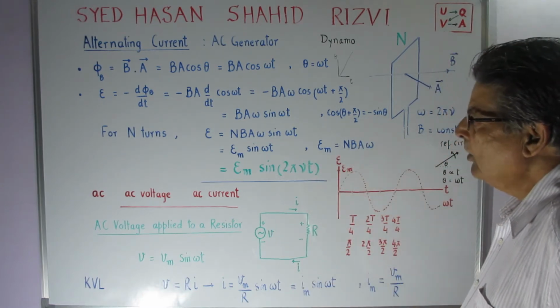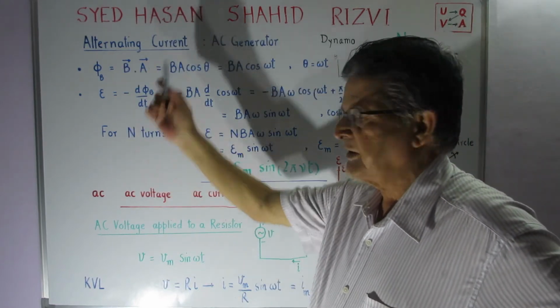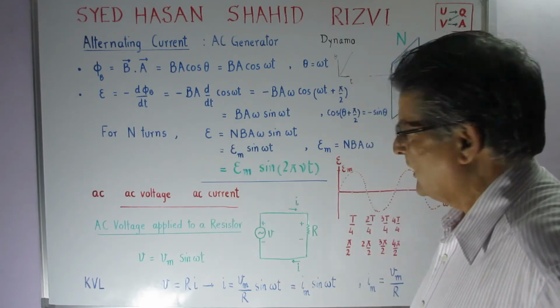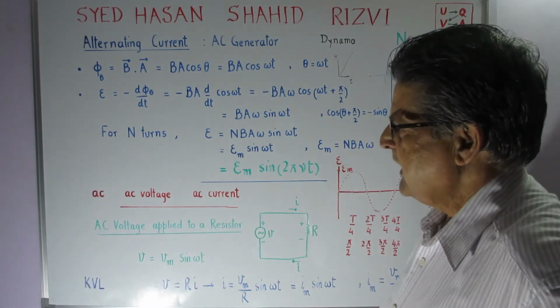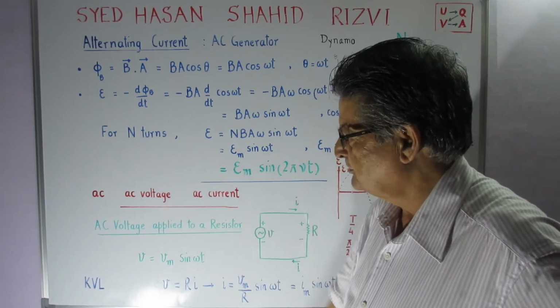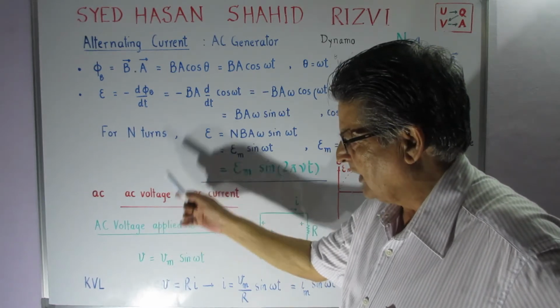Now, the introduction of alternating currents actually starts from here, where we write AC, alternating currents. And then, funny thing, AC voltage, how do we read it? Alternating current voltage.